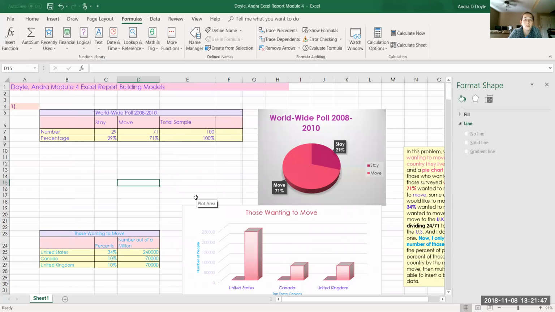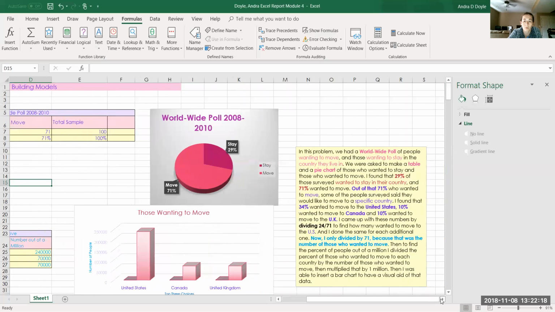Okay, number one was a worldwide poll that was surveying people about whether they wanted to stay in the country they currently lived in or whether they wanted to move. And we were asked to make a table and a pie chart and a bar chart, because those who said they wanted to move gave their top three choices, and we were to see how that looked.